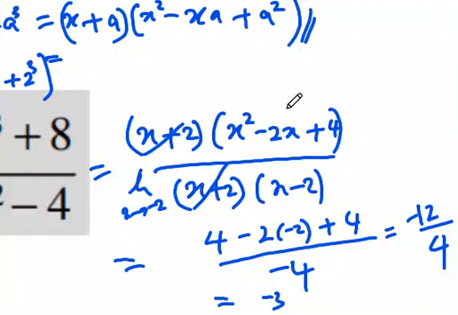The numerator approaches this value as x tends to negative 2: 4 minus 2 times minus 2 plus 4, that is your numerator. The denominator function approaches negative 4 as x tends to negative 2. When you simplify this, you get negative 12 over 4, which is negative 3.